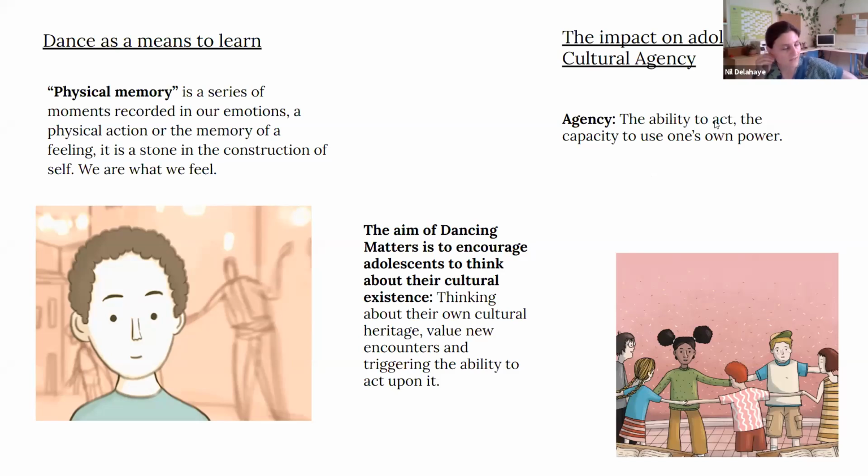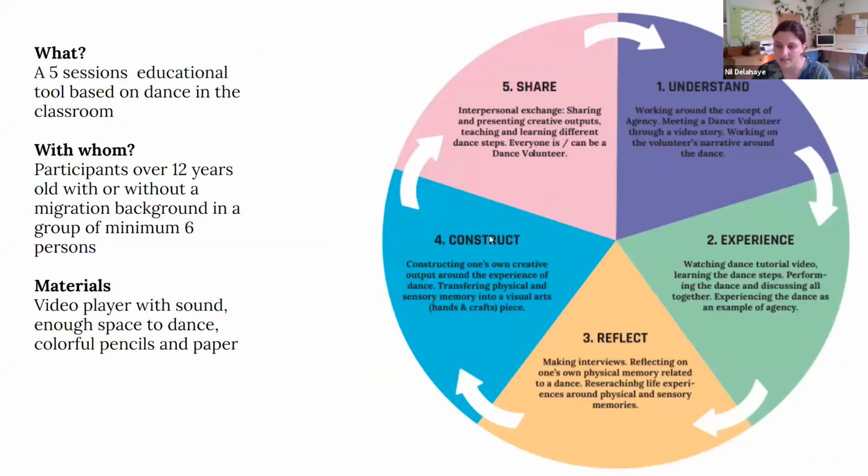And physical memory is the principle that we use as the carrier of that cultural agency that adolescents, people who have been uprooted, do have. The first thing I need to say is that this tool is really made for communities, and it can be used in 5 sessions, broken up into 5 weekly sessions.